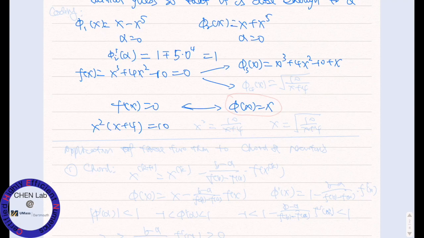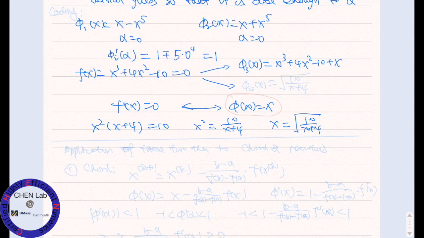I factor out the x squared, which means my x squared is 10 over x plus 4. If I'm looking for a positive root, then my x is equal to the square root of 10 over x plus 4.